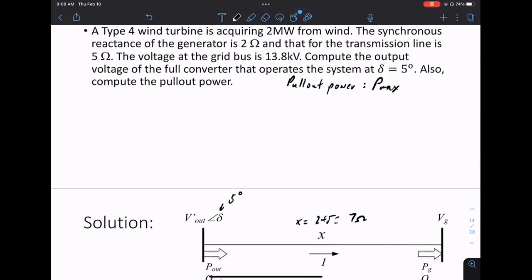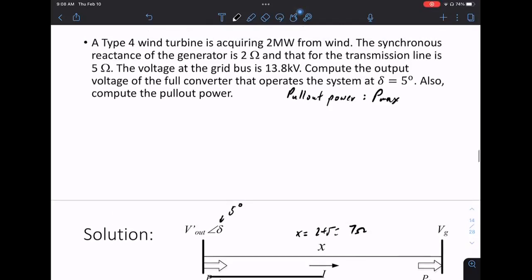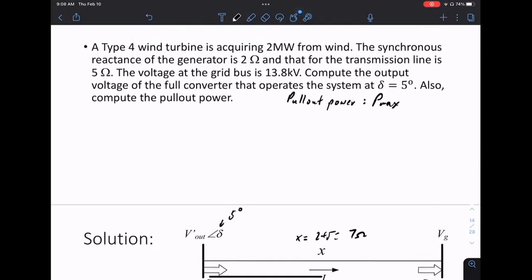So the way you can do this equation again is to remember that there's no active power loss along the line. So 2 megawatt from wind is the same as 2 megawatt delivered to the grid in the system.